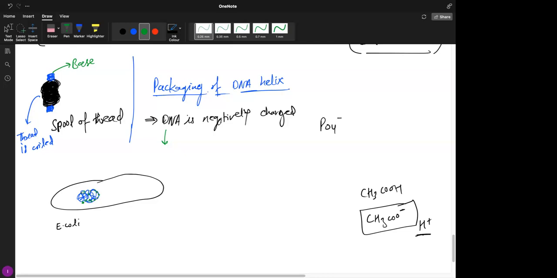This green region is positive proteins that bind with negative DNA and keep it in a dense region. So this region becomes denser than the rest of the cytoplasm. And even though there is no membrane, we call that region not a nucleus, but a nucleoid. Is it clear, everyone?